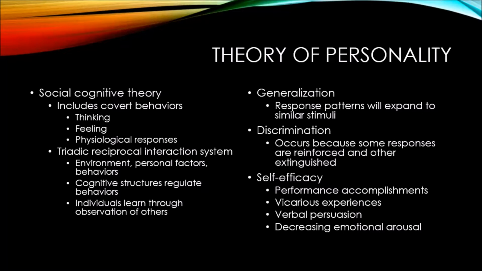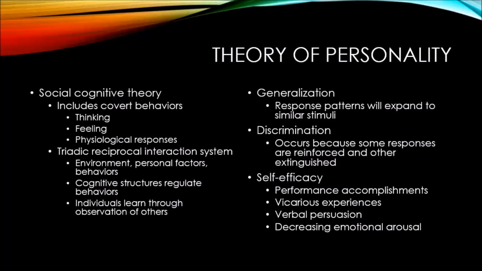Under this theory, we have what's referred to as the triadic reciprocal interaction system. And under that system, the environment, personal factors, and behaviors are understood to interact with one another and affect each other. And cognitive structures are thought to regulate behaviors.